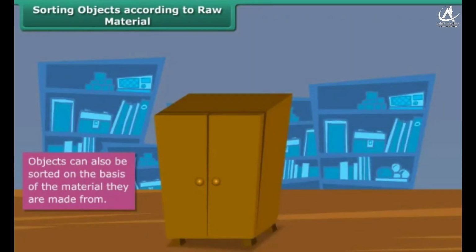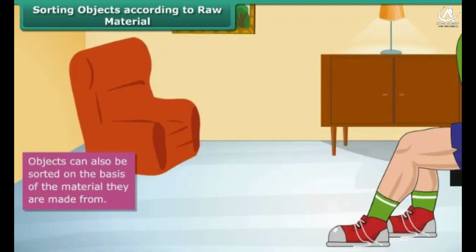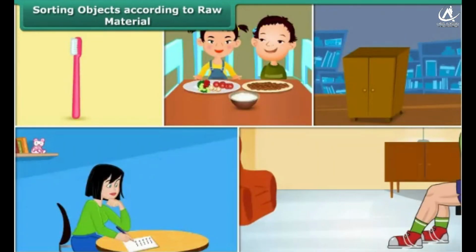The cupboard you keep your books or clothes in is made of iron or wood. The books that you read are made of paper. The shoes you wear are made of leather, canvas, or resin. Thus, all the objects that we use in our day-to-day life can be classified on the basis of the raw materials used in making them.